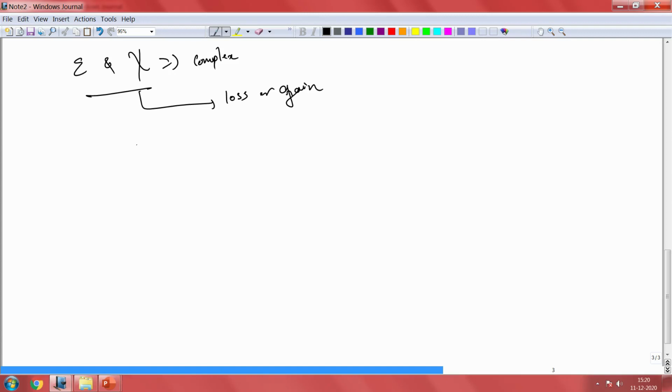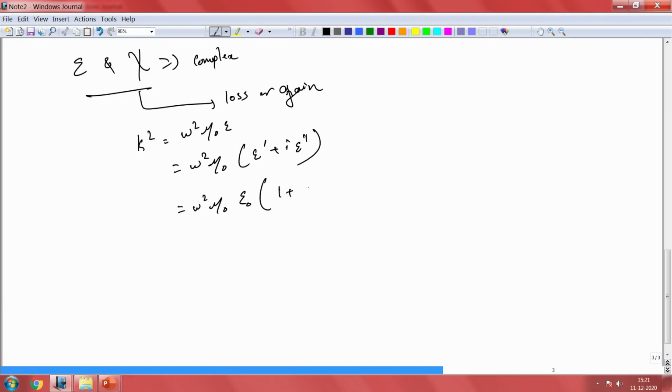We will see that shortly. From our earlier understanding, epsilon can be written as a real part and imaginary part, and elaborating further, linear and non-linear, real and imaginary parts.